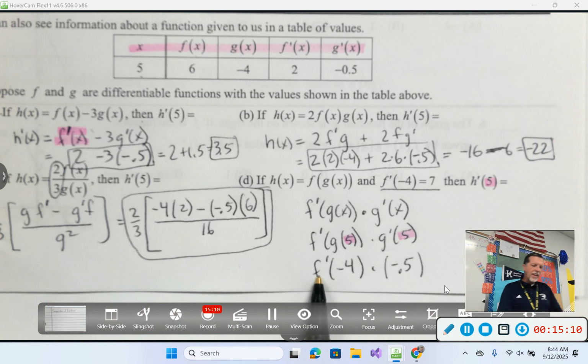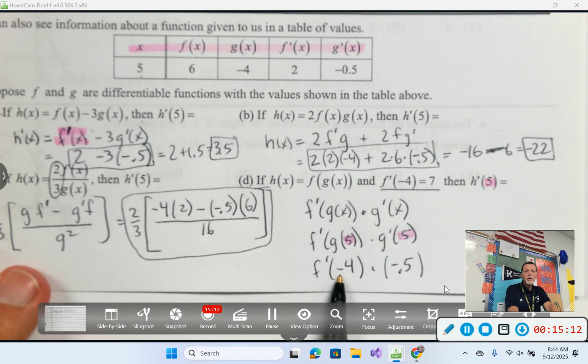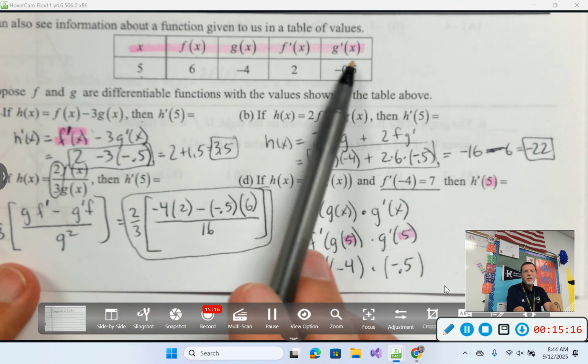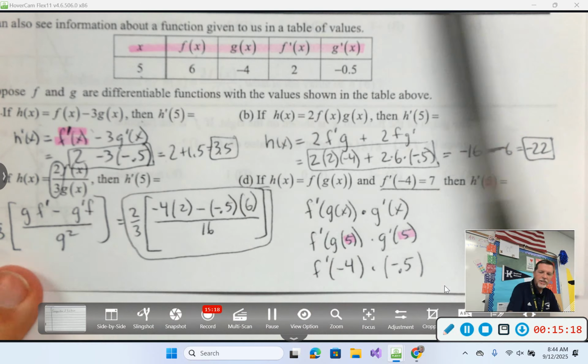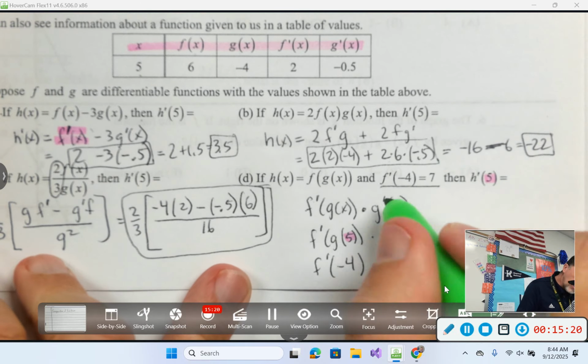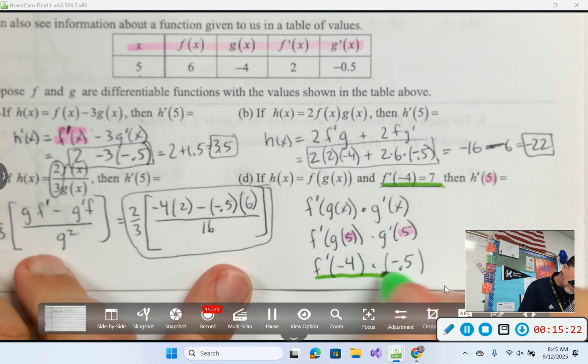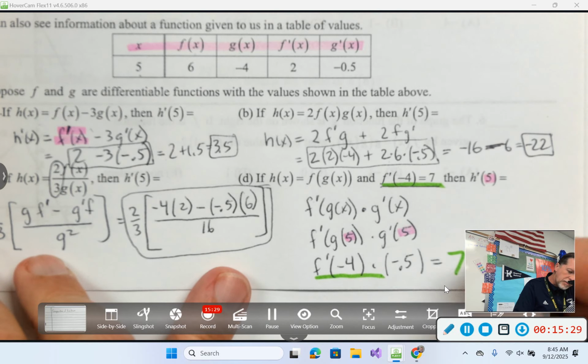So the last thing I need is f prime at negative 4, which if you're not paying attention maybe seems weird because, wait a minute, that's not on my table. Well, it's not on the table, but they told us what it was. So 7 times negative 0.5. That's a safe stop, but that's also an easy one. Negative 3.5.